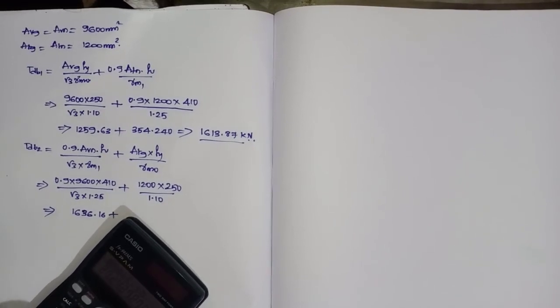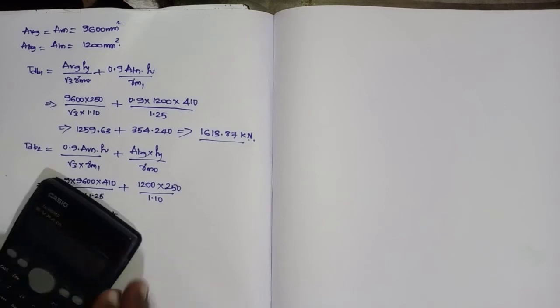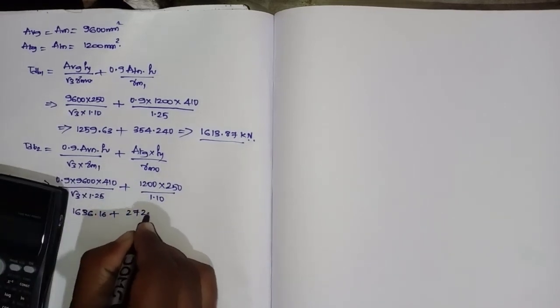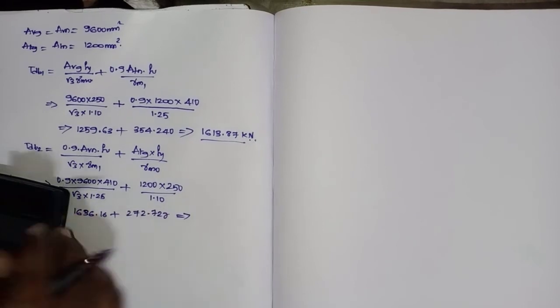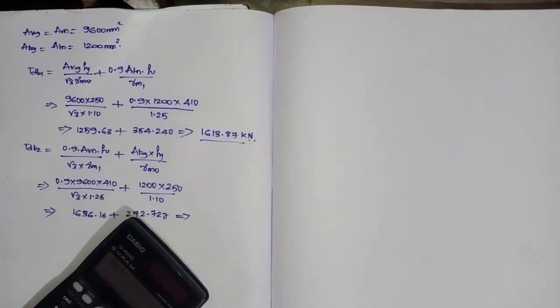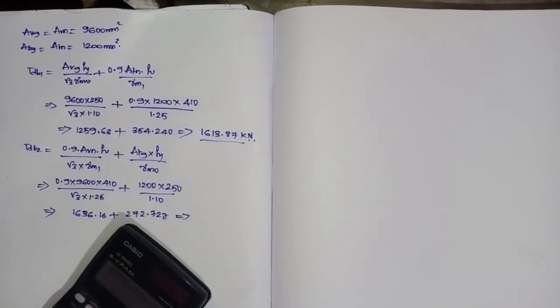How much we are getting? 272.727. Altogether 1636.16 plus 272.727.